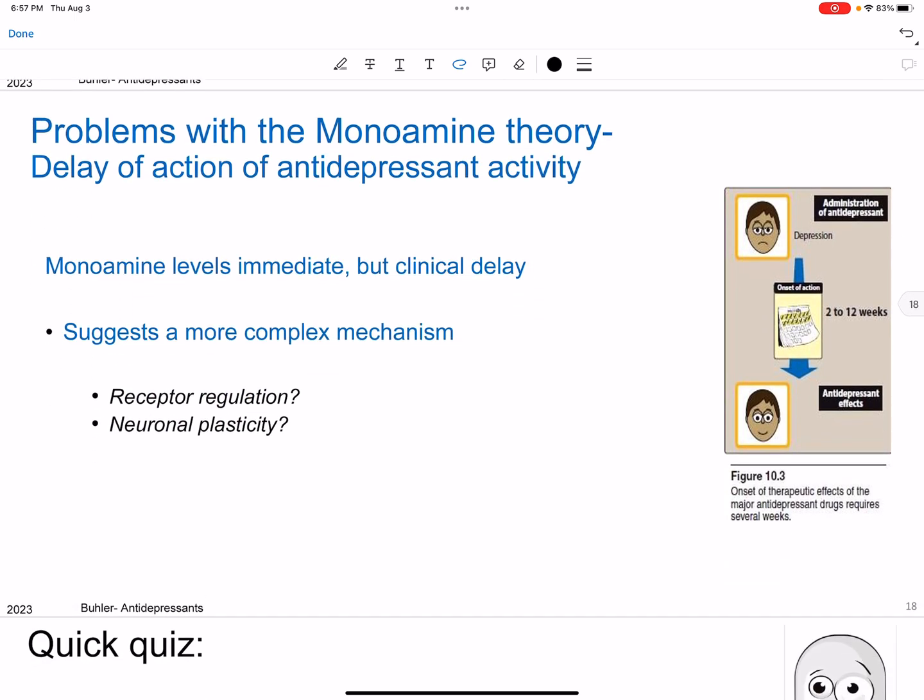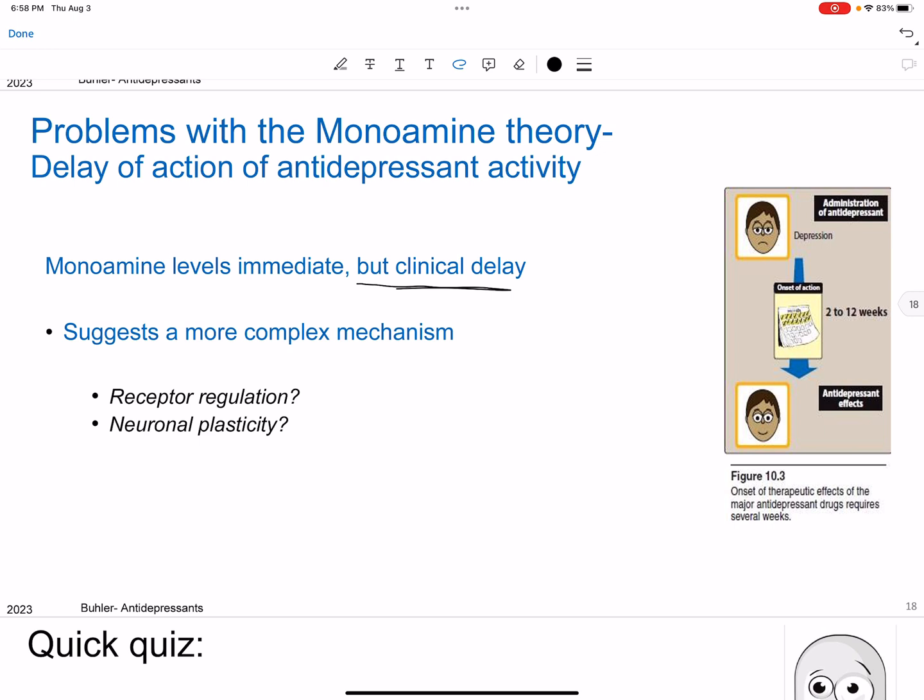So that clinical delay says that, yes, the mechanism of action at the enzyme or at the receptor or wherever that drug is acting is what we say it is, because we know molecularly that's what it does. But we also know that it's got to be making downstream changes. And those downstream changes have to be coming in over a week, 2 weeks, 3 weeks.